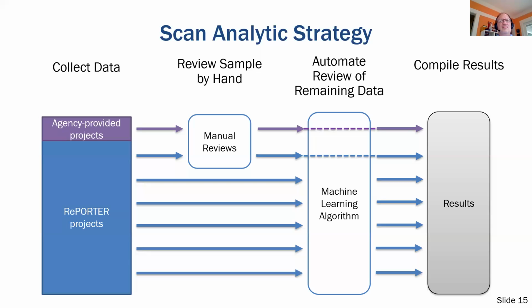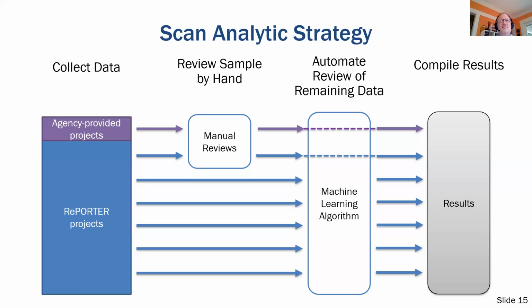The next step in our analytic strategy was we reviewed a sample of these by hand. We knew we could do a few thousand, but we also knew that we weren't going to be able to actually have human eyeballs on 93,000 separate project descriptions, deciding for 20 different categories, does it fit this category or not.